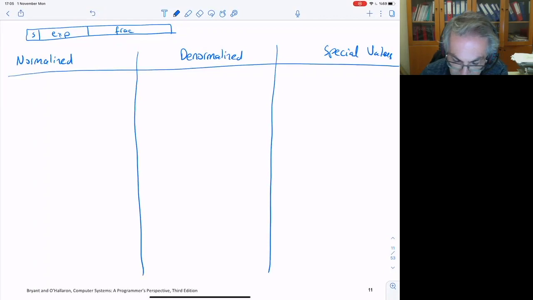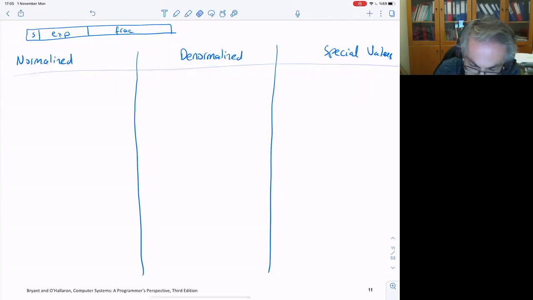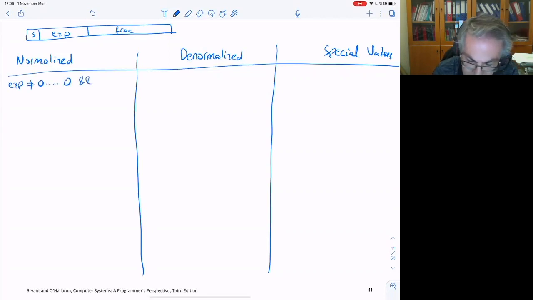Each number can be represented in one of these forms. In the normalized mode, we assume that the exponent bits are neither all zeros nor all ones. And in here, we represent the numbers as the following.